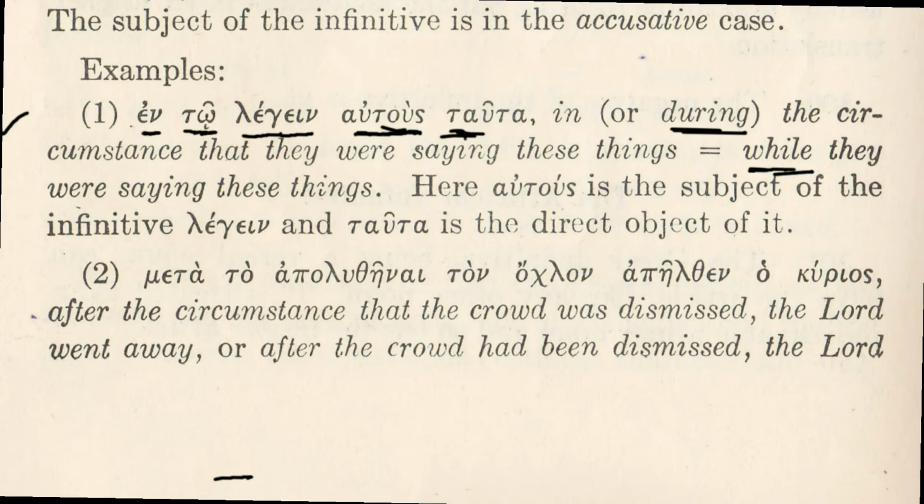That's literally what it is. While they were saying is the way we would render that into English. While they were saying, or even while they are saying, depending on the time of the leading verb, then tauta, simply these things. So you get that? That's the idea. And if you follow that, then you've got a pretty good idea of how the infinitive is going to function. So in the act of saying, or while they were saying these things.